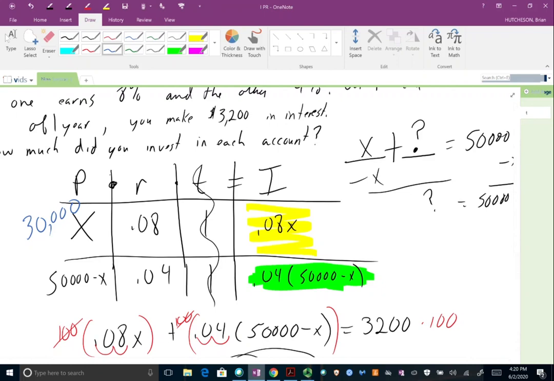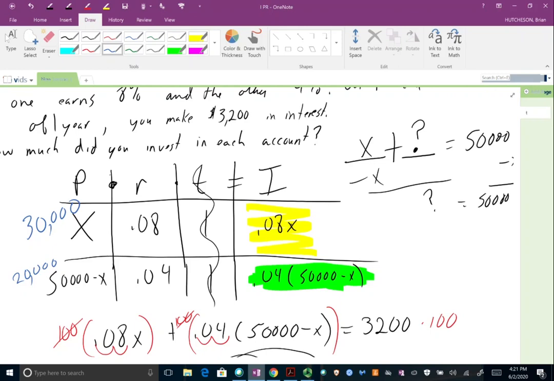In the 4% account, guess what happens? Well, it's $50,000 minus $30,000, which is $20,000. So the 8% account got $30,000. The 4% account got $20,000. And we solved the question.